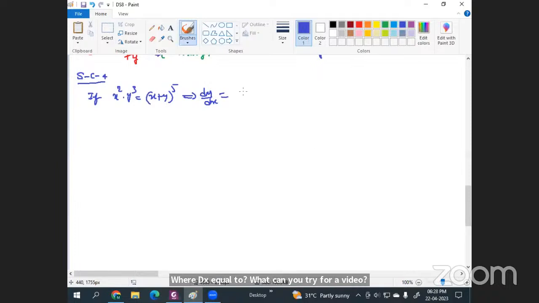X square into y cube equal to x plus y whole power 5. Then dy by dx equal to what? How to differentiate? Anybody else? You can try.